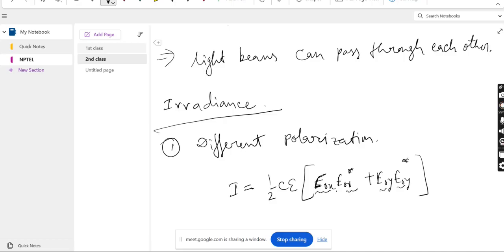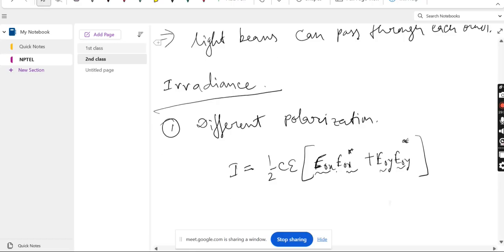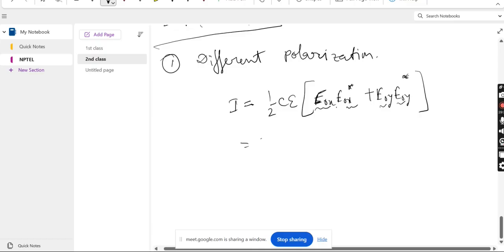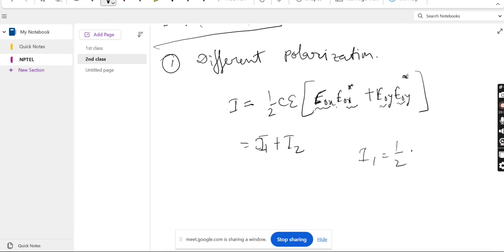We normally assume that the direction of propagation of the wave is Z. So we can write that as I1 plus I2. I1 is half of c epsilon E0x E0x star. I2 is half of c epsilon E0y E0y star.